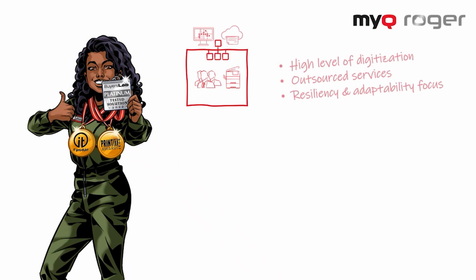For these, MyQ Roger is actually the best solution with its high level of digitization. Companies that simply do not want to have everything on site, but prefer outsourced services. Also, we're talking about customers that focus on scanning, resiliency and adaptability. They don't want to be limited by their hardware.